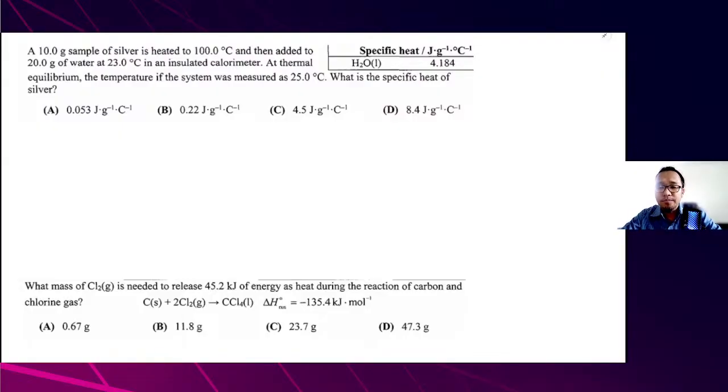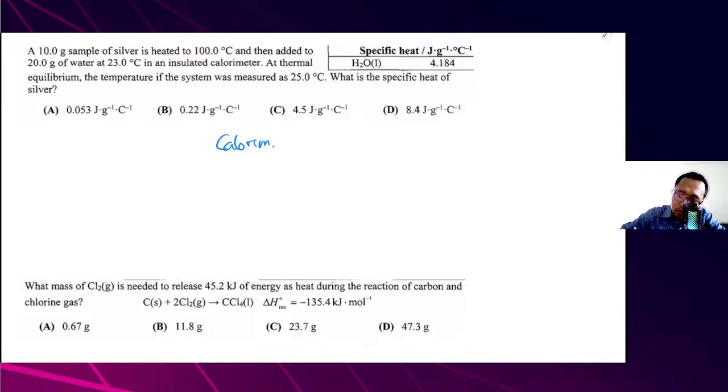After mixing, the final temperature is 25 degrees Celsius. What is the specific heat of silver? So this is the calorimetric problem.